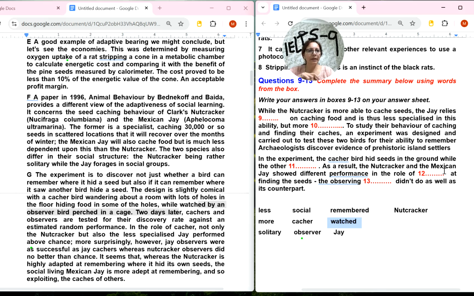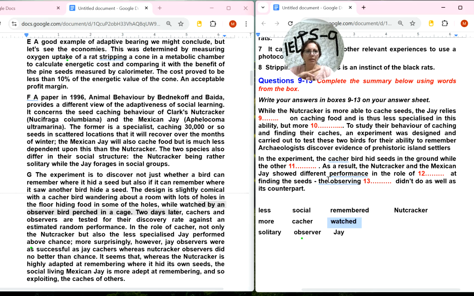As a result, the Nutcracker and Mexican Jay showed different performance in the role of, at finding the seeds. While watched by an observer bird perched in a cage, 2 days later, catcher and observers are tested on their discovery.